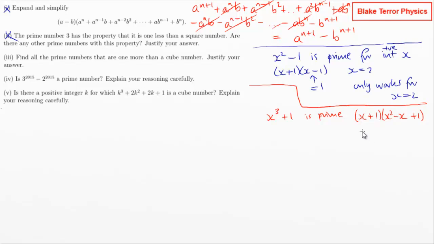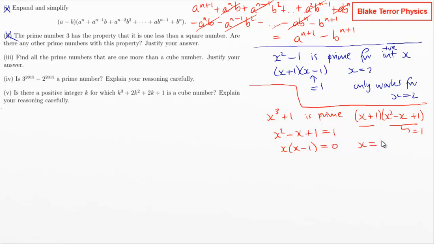So one of these things has to be 1. And it's not going to be x plus 1, because x has to be at least 1. So we're going to have then that this thing equals 1. So we've got x^2 minus x plus 1 equals 1. So x minus 1 equals 0.